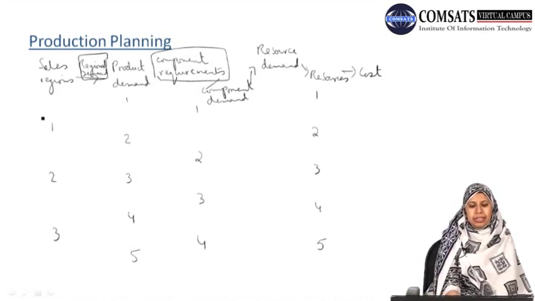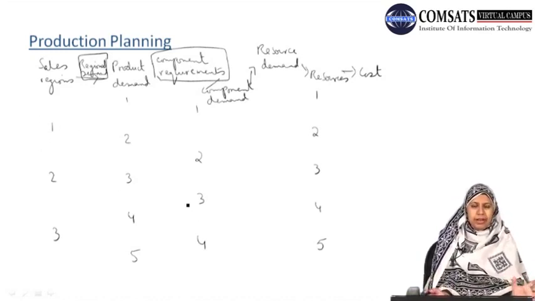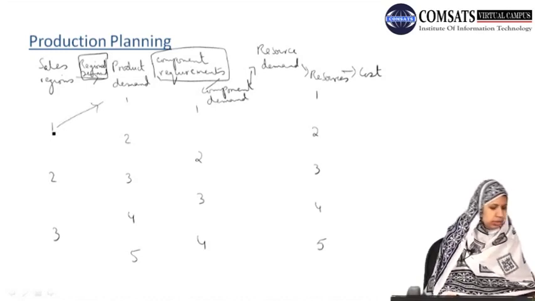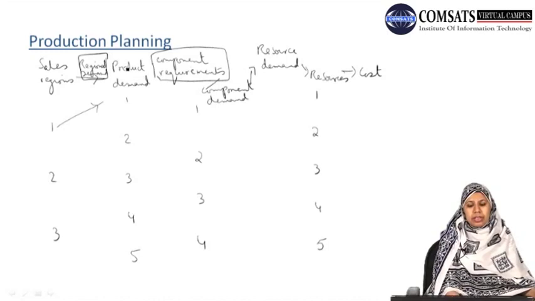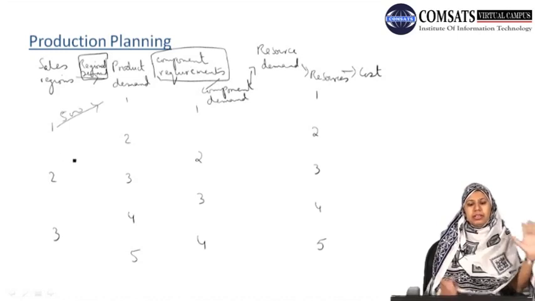By connecting all these values, we will obtain a sort of diagram, but that diagram will be too complicated. All we have to do is connect these values, where the company is expecting the sale of product 1 in region 1 to be 500 units, and so on.